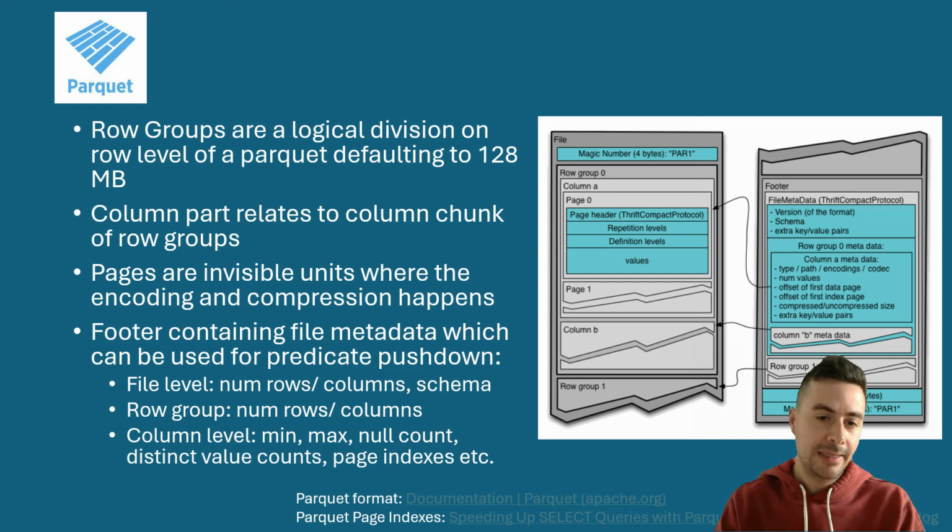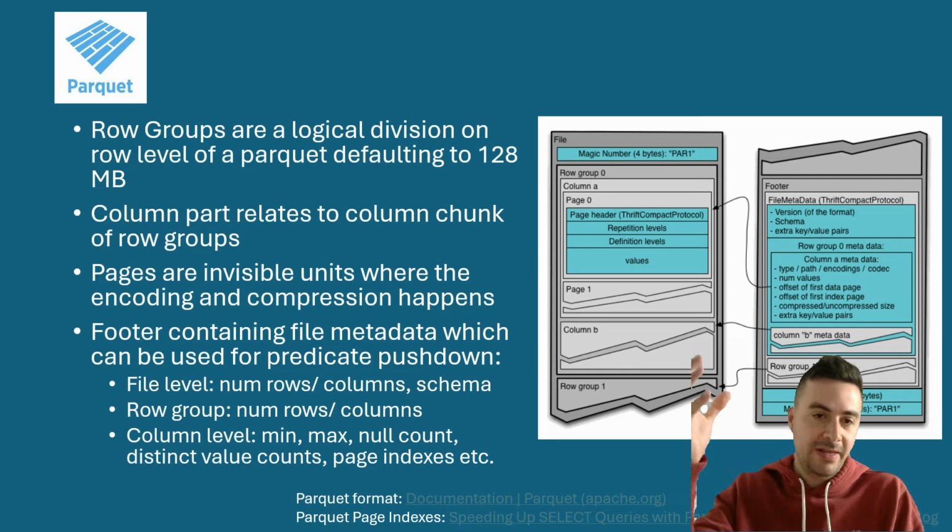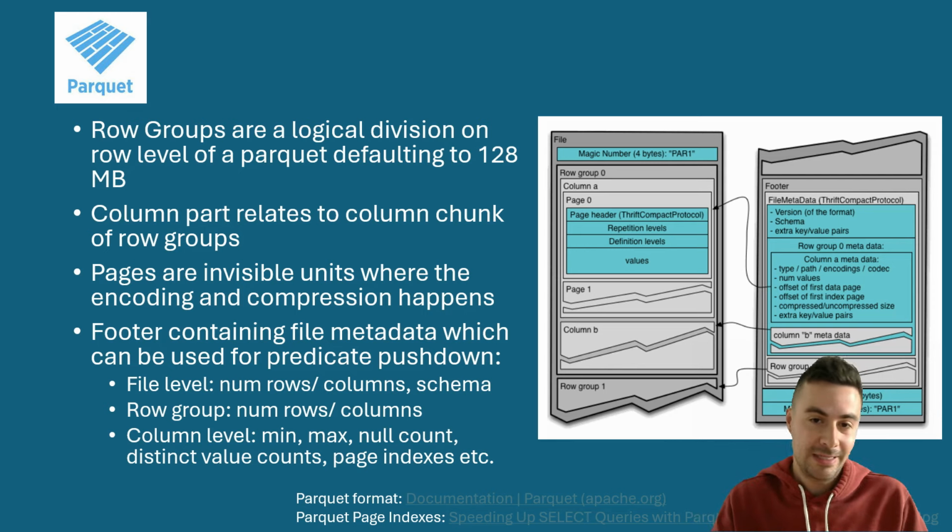And well, that's on the page level, where the encoding and compression happen. So encoding means, for instance, if you have a string column, then the strings are mapped to a dictionary, to a digit number, which just saves a lot of size. So that's the easiest one.